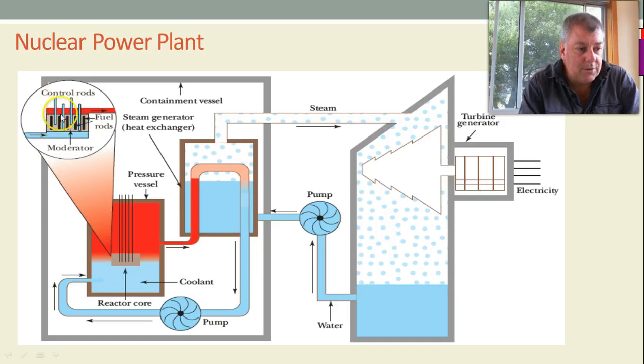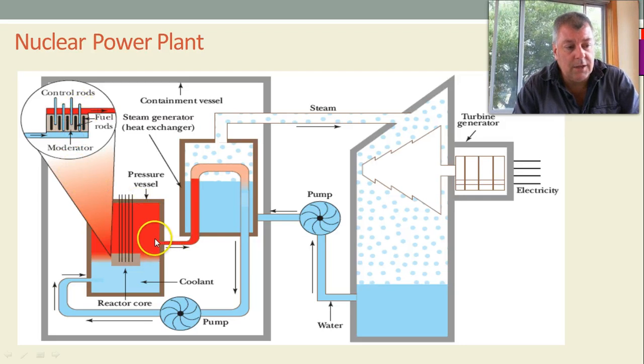Now, in between all the fuel rods, there's got to be a way of transferring the heat, and usually a fluid is put through, sometimes something like liquid sodium metal, because it's such a hot, extreme environment. That hot metal or hot substance then goes into a heat exchanger, generates steam, the steam goes into a turbine and generates electricity, and the coolant is pumped back.